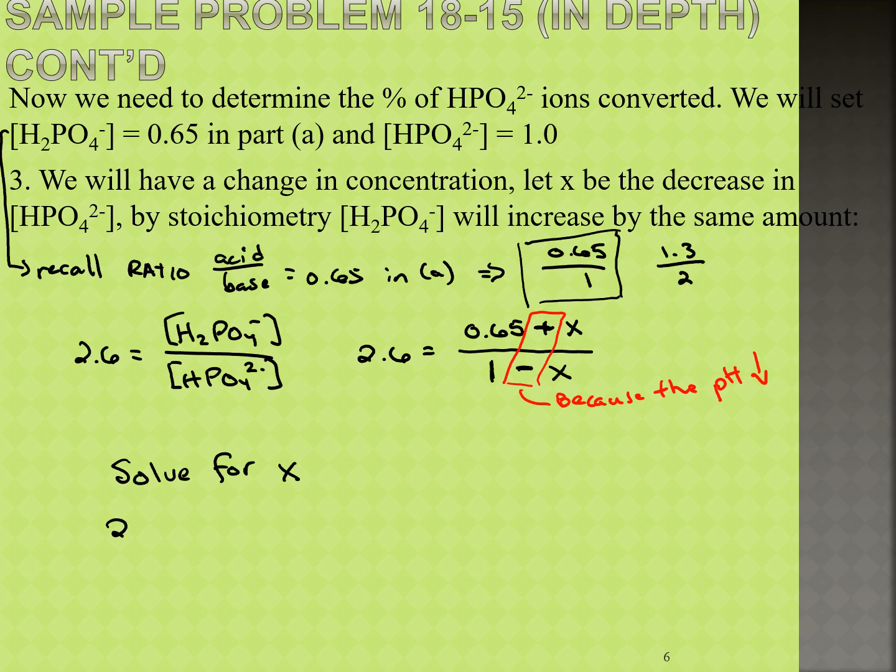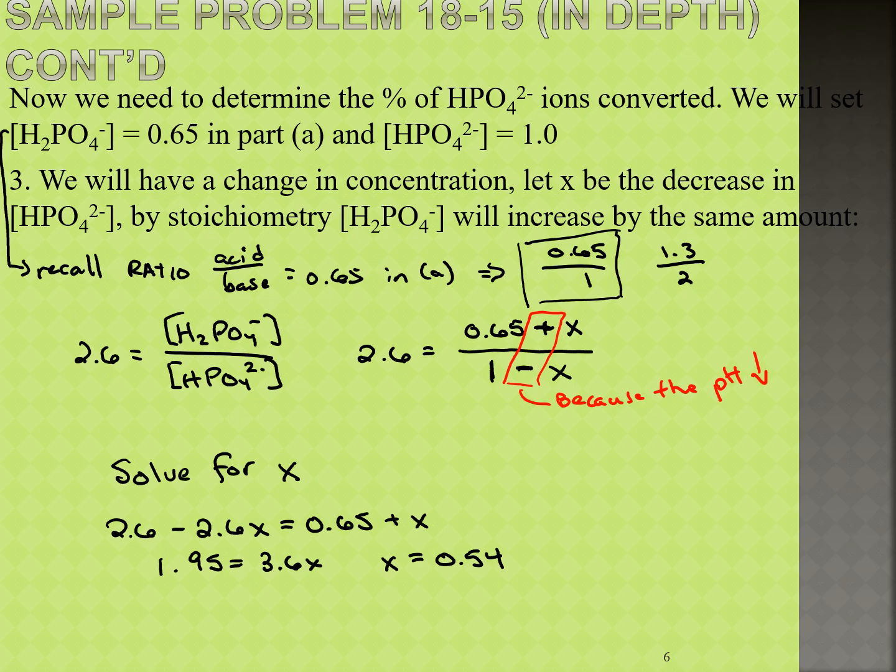So I'm going to get 2.6 minus 2.6x is equal to 0.65 plus x. We're going to keep rearranging, and I get that 1.95 is equal to 3.6x. And so our x is going to be equal to 0.54.